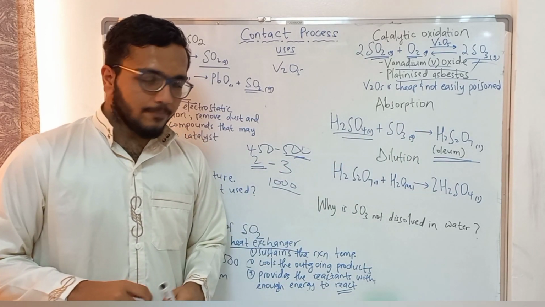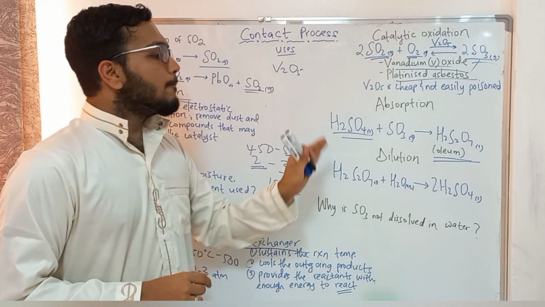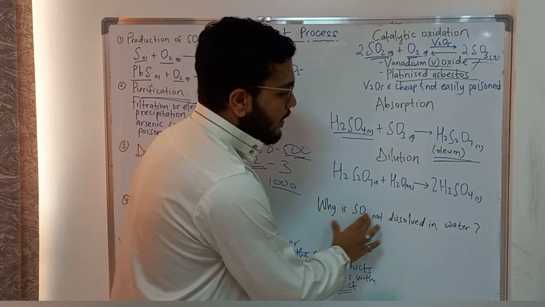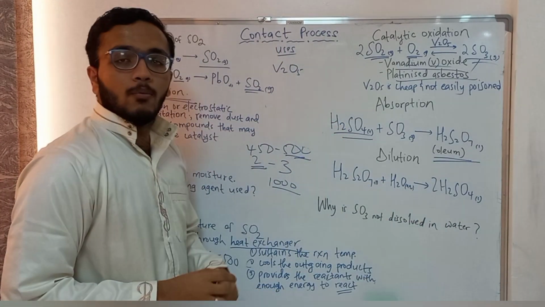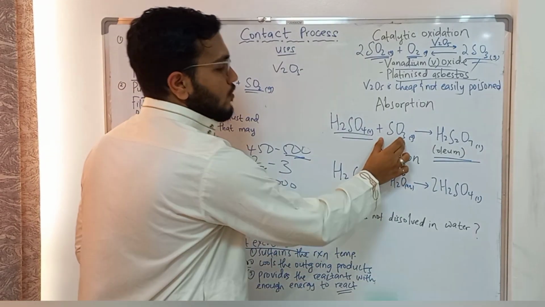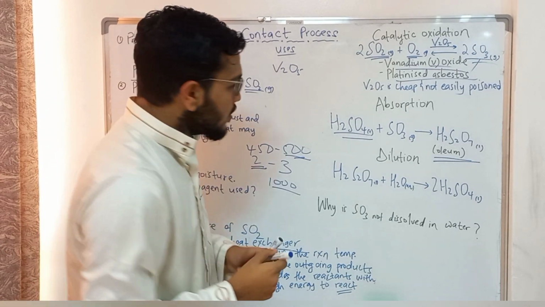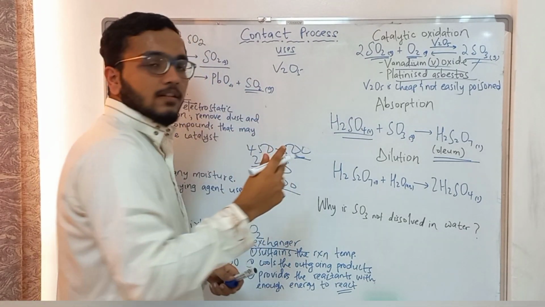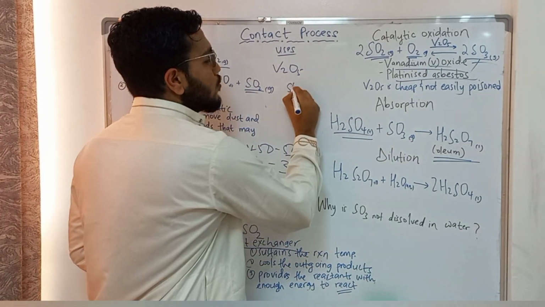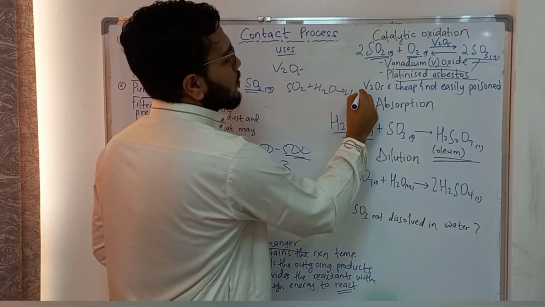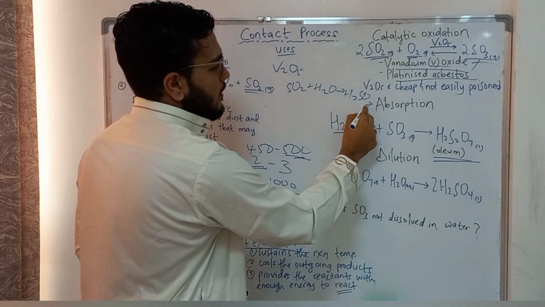H2S2O7. Okay. Now, an important question asked, which I have written down here, is why is SO3 not dissolved in water? Why didn't we take SO3 and dissolve it in water to form H2SO4? Why not? Because as we saw in the video of SO2, SO2 will react with water to form H2SO3, sulfuric 4 acid.